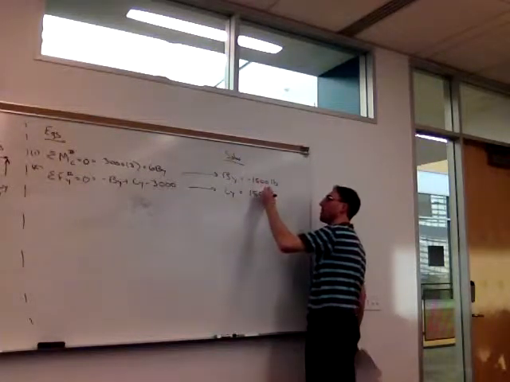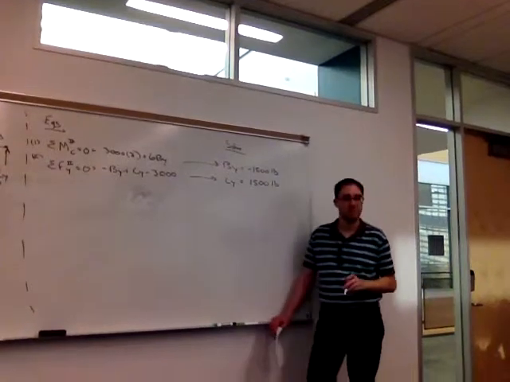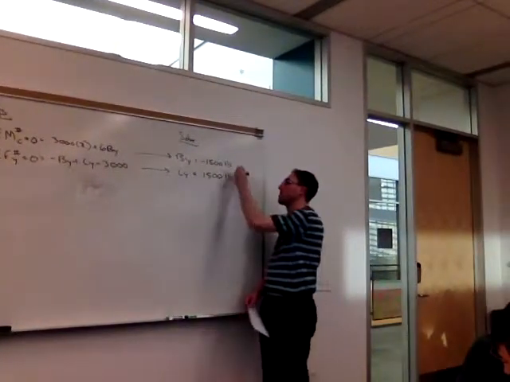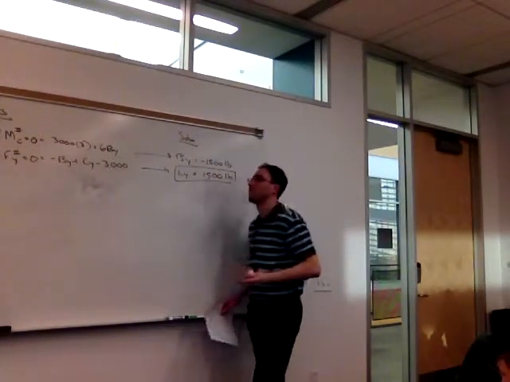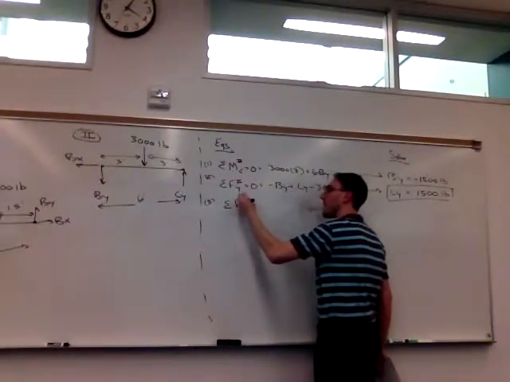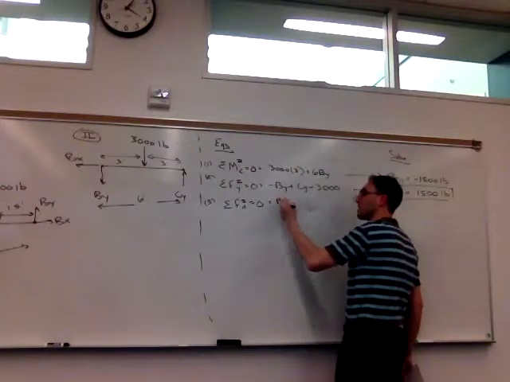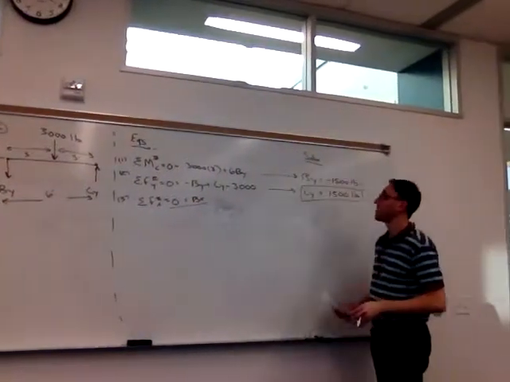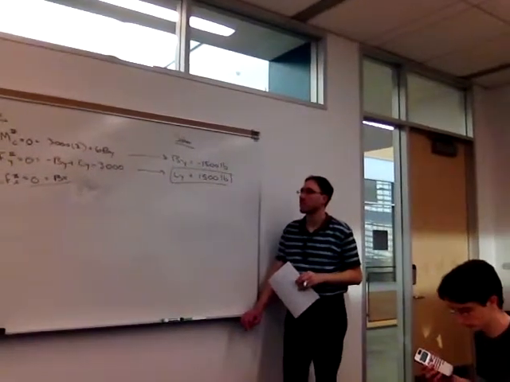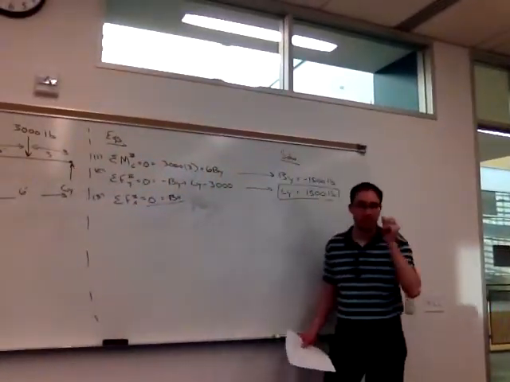So CY must be positive 1,500 pounds. Finally, the x direction. The only thing in the x direction I have is the BX. So the BX must be 0. And it's really negative BX, but still 0.